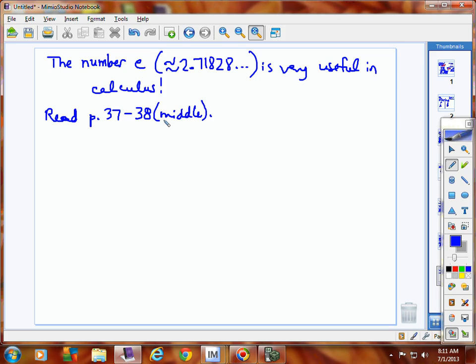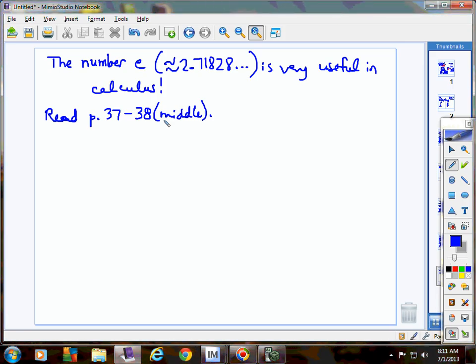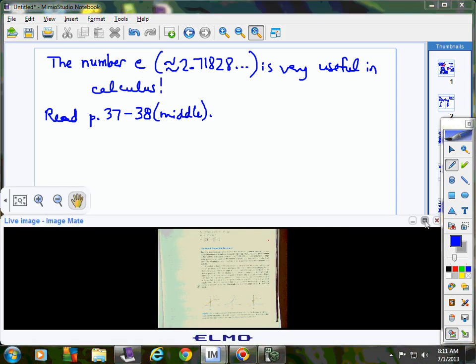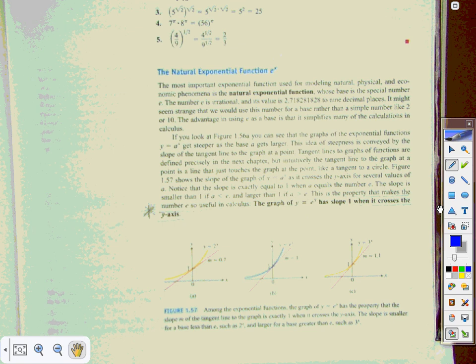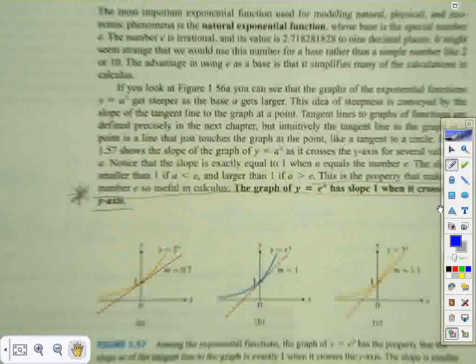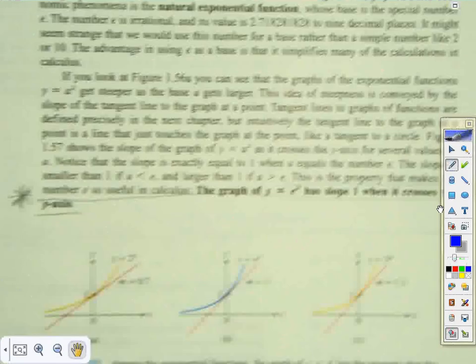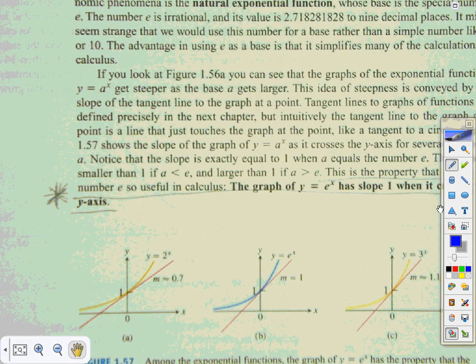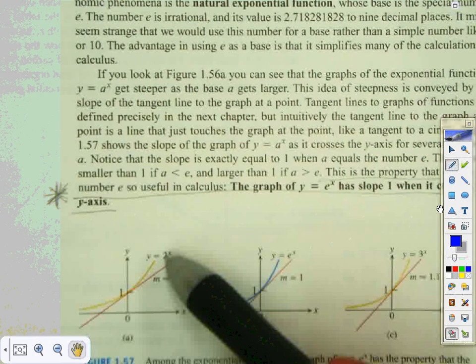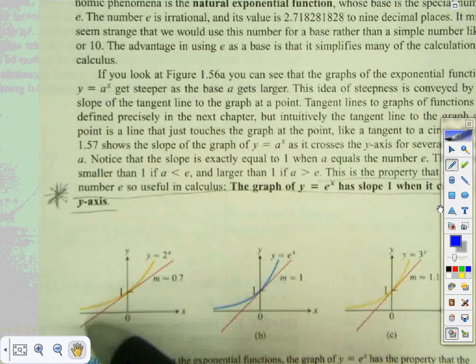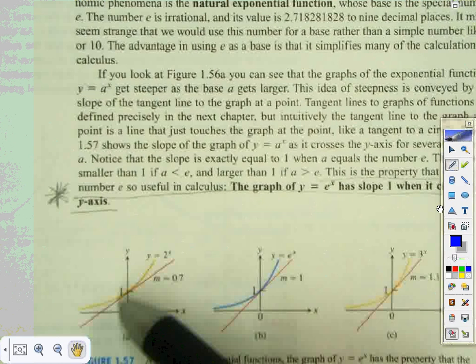Okay, look at those graphs in your book. You've got y equals 2 to the x. Isn't 2 a little bit less than e? E was 2.71828. Line, your slope is 0.7.